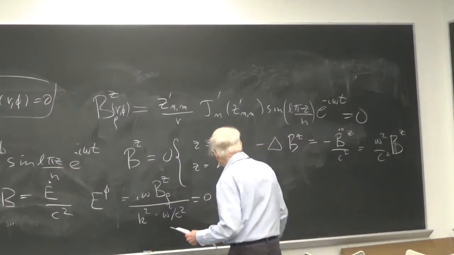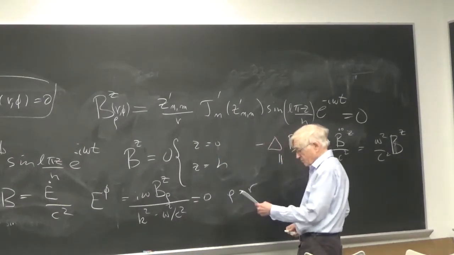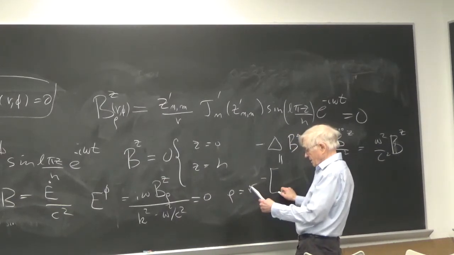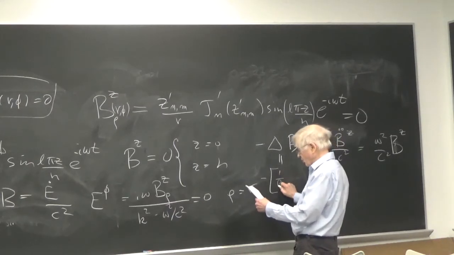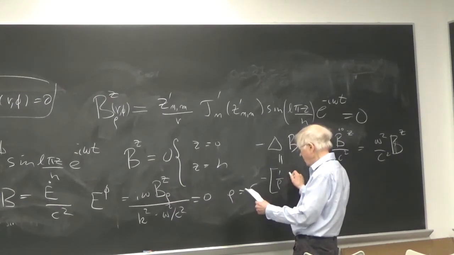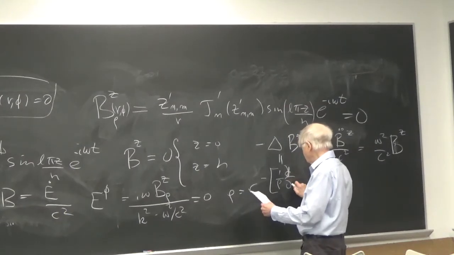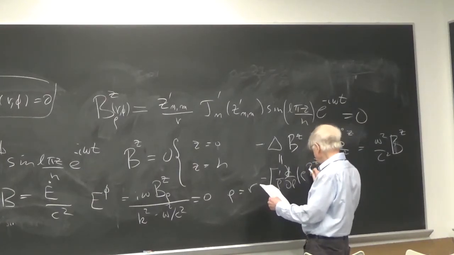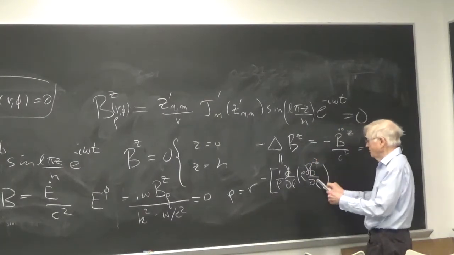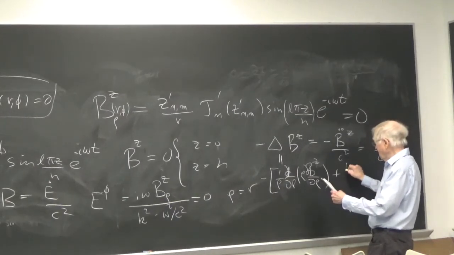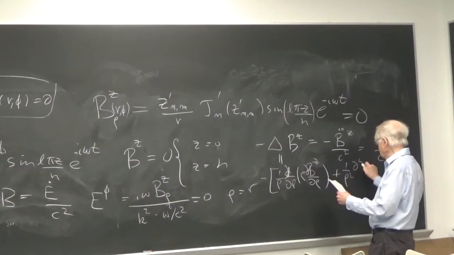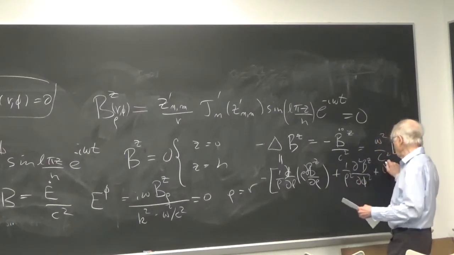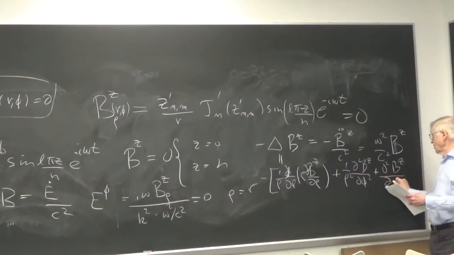And the Laplacian of BZ then, with a minus sign, is minus 1 over rho d by d rho of rho partial BZ, partial rho, plus 1 over rho squared, partial 2 BZ, partial phi squared, plus partial 2 BZ, partial Z squared.